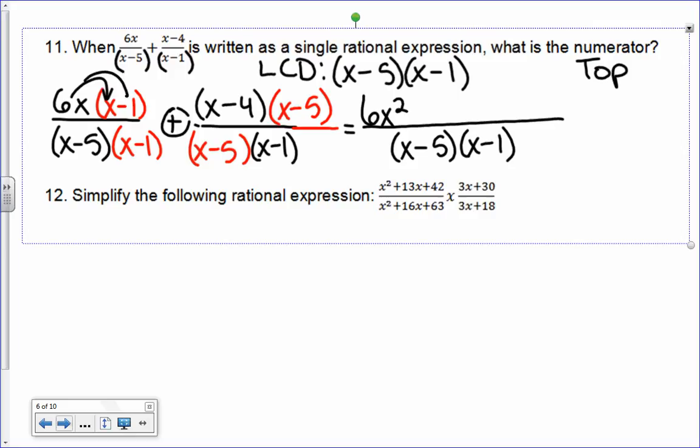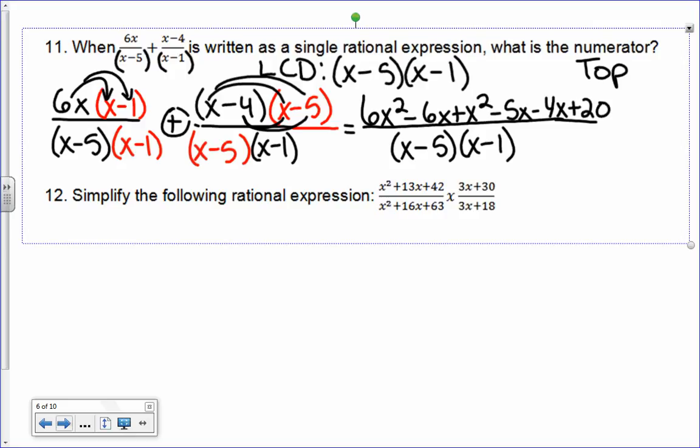I go 6x times -1, that's minus 6x. Over here, I've got plus x times x, so that would be plus x squared. And then I have x times -5, that would be minus 5x. Then on the inside, I got -4 times x, which would be minus 4x. And then lastly, I got -4 times -5, which would be positive 20.